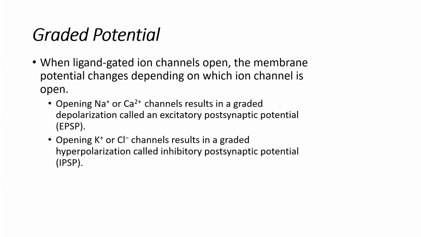And this is how action potentials move from neuron to neuron to neuron, being converted to chemical energy at the synapse, back to electrical energy at the axon, et cetera, all the way along that series of communication.